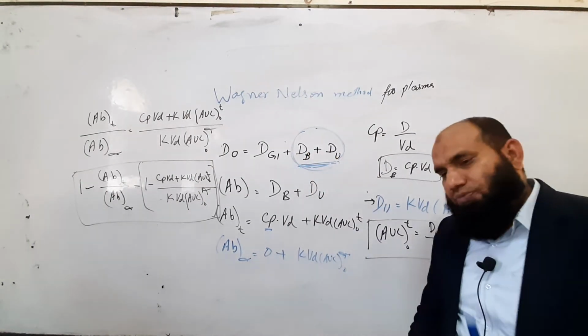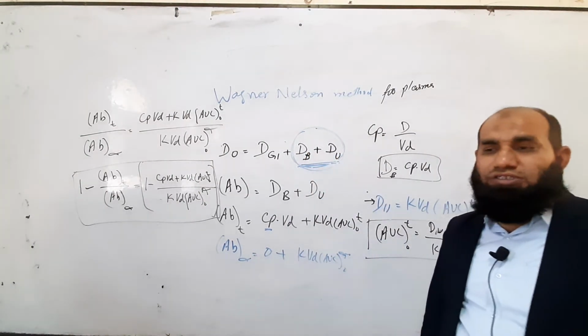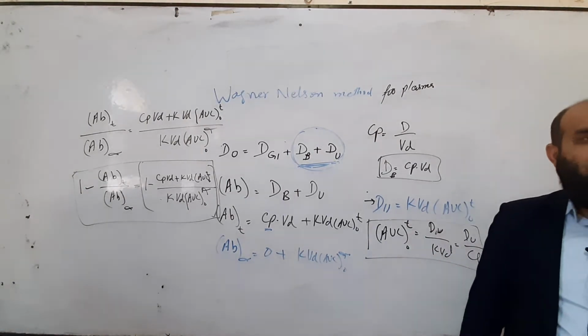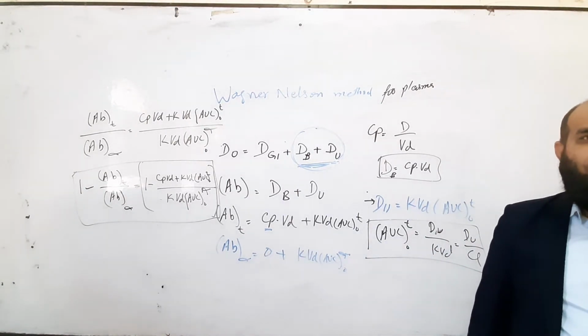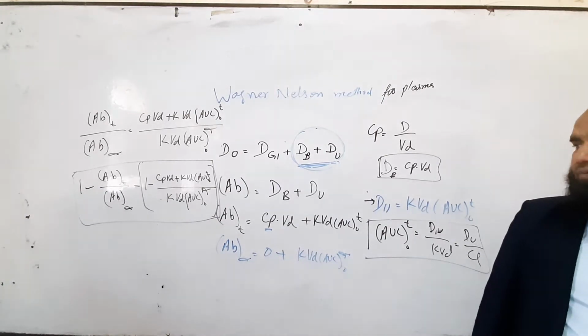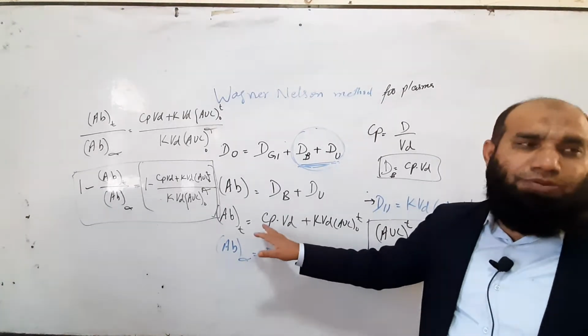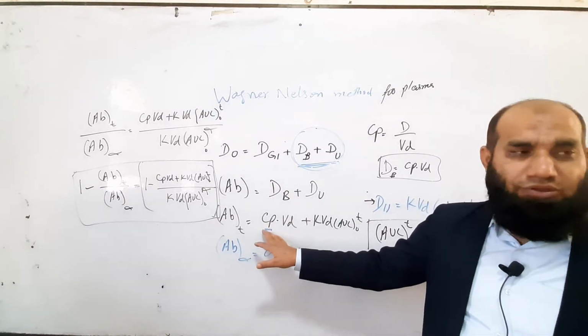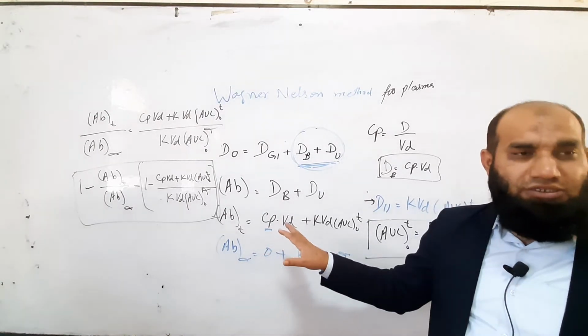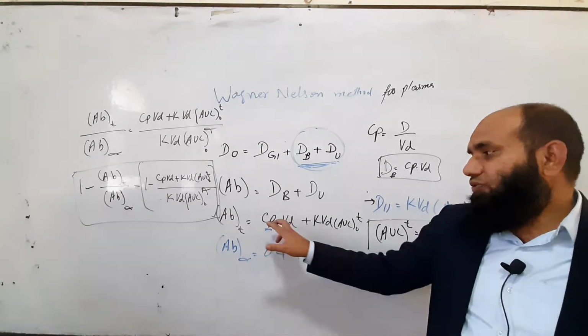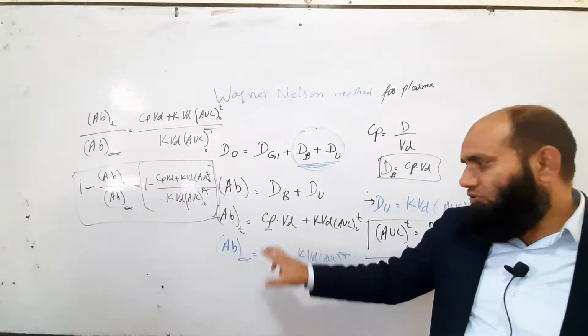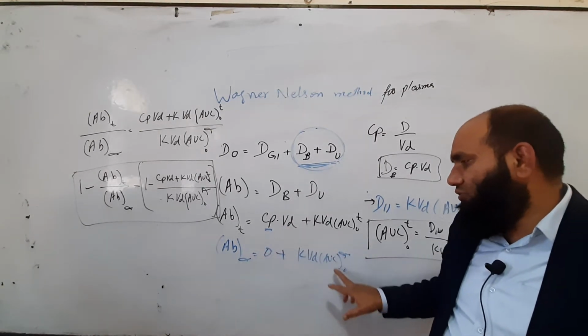With the passage of time, when we calculate the exact amount of drug which has been excreted or absorbed from the GI tract at time infinity, we assume that CP is becoming 0. It means the plasma concentration is now negligible, so we assume that CP VD is equal to 0, and we have KVD AUC 0 to infinity.